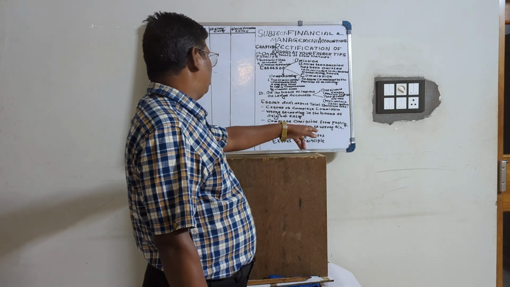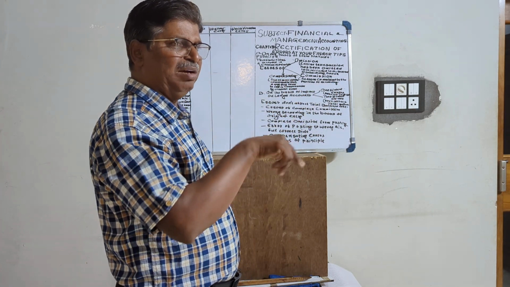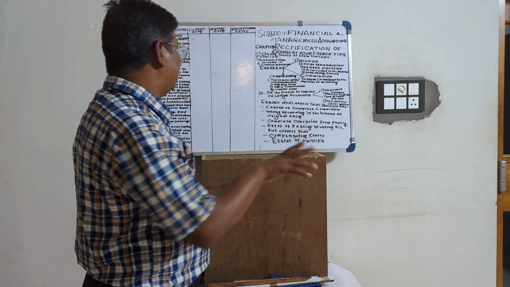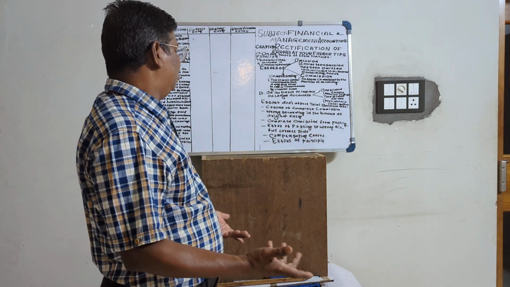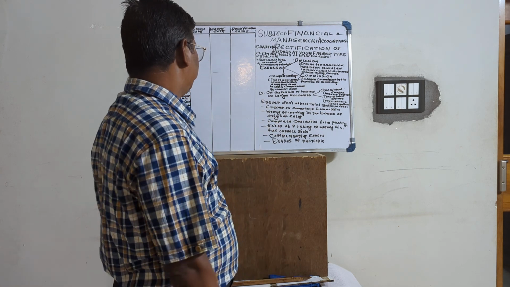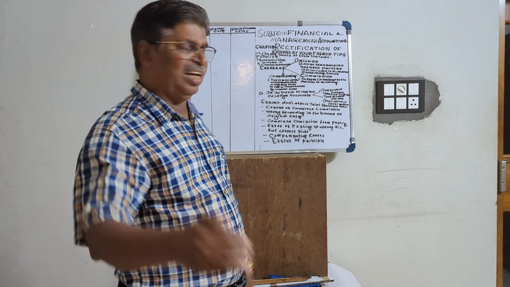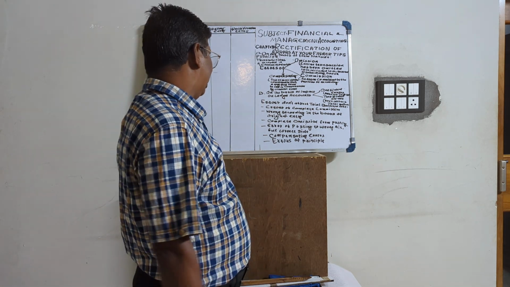Error of posting to wrong account but correct side. Instead of posting on the debit side of the right account, we have posted in Sam's account. So, the balance is same, trial balance will tally, but error is there. Then, compensating error. One error is compensated by another error.